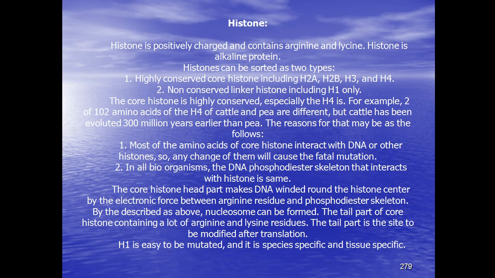Histones can be sorted as two types: highly conserved core histones and non-conserved linker histones. Highly conserved core histones are named H2A, H2B, H3, and H4. Non-conserved linker histones have only the H1 protein.